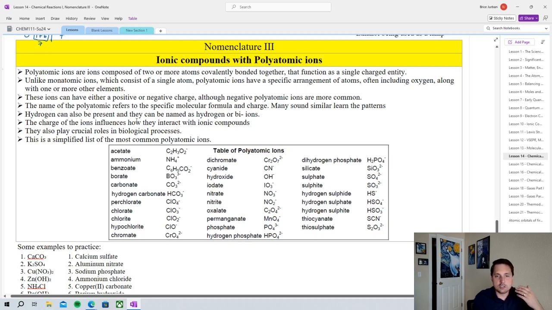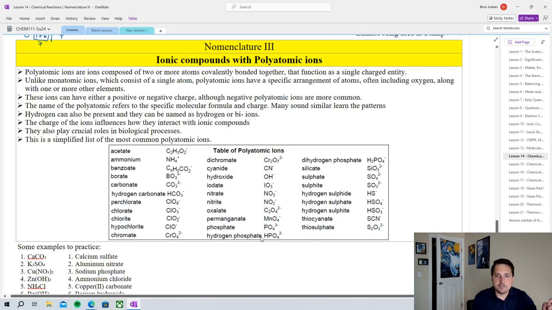Hydrogen is also often present in these as well. So if we have hydrogen present, sometimes it'll be listed as hydrogen carbonate. Another name for this would be bicarbonate. The prefix bi refers to one hydrogen.